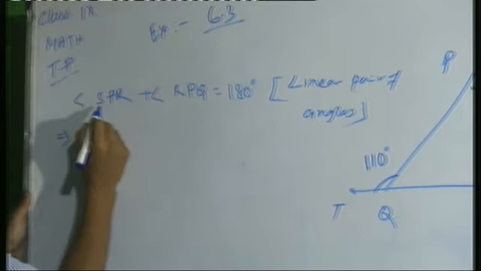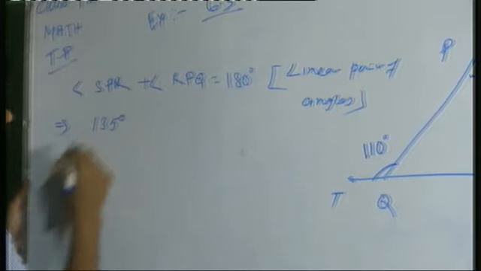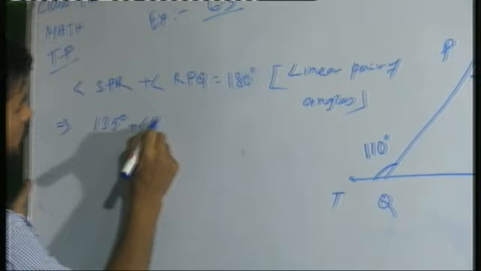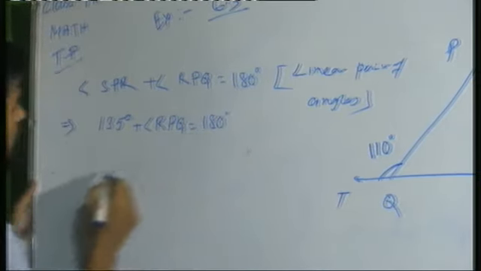That means the value of angle SPR is 135, it is given, plus angle RPQ is equal to 180 degrees.